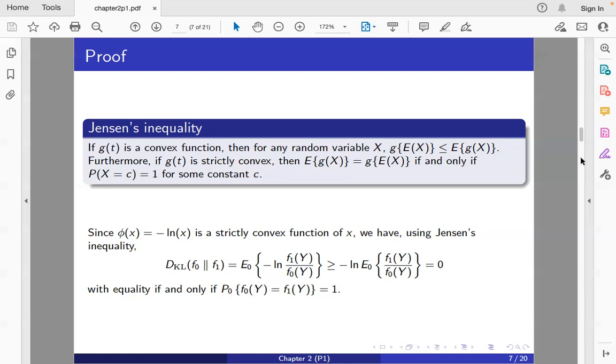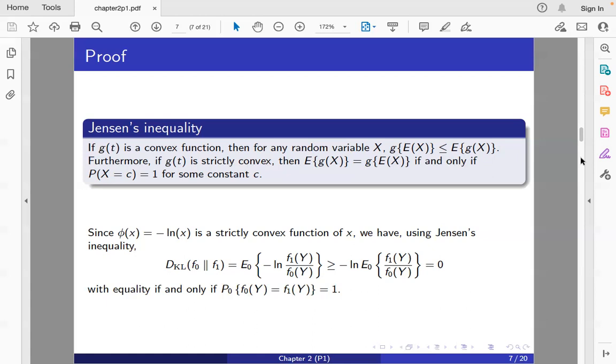And so for strictness, log is concave. The log function is concave, and so minus log is convex. So minus log x is a strictly convex function, and we can apply Jensen's inequality. So the first line is the definition, and then this step is Jensen's. And the last one, what is E0?